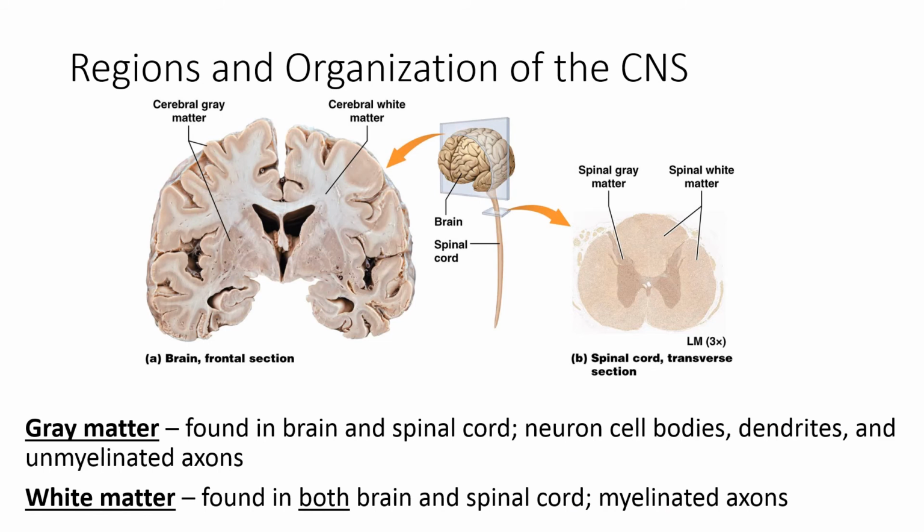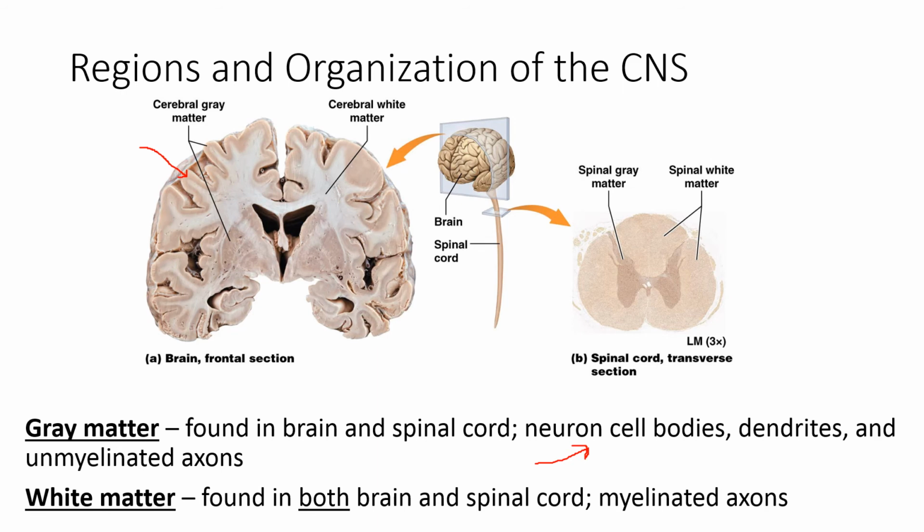Nervous tissue is sometimes described as gray matter or white matter based upon the way it looks. Gray matter is typically found in the brain and spinal cord, and it consists of neuron cell bodies, dendrites, and unmyelinated axons. A lot of your integration and information processing happens in the gray matter. So in the brain, we see gray matter as the first few millimeters on the surface of the brain. This is called the cerebral cortex.